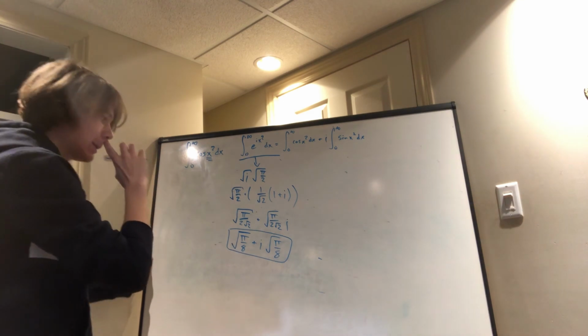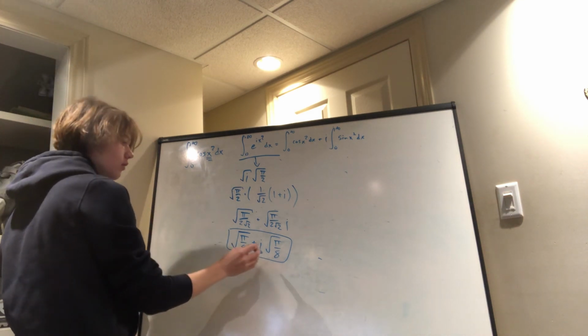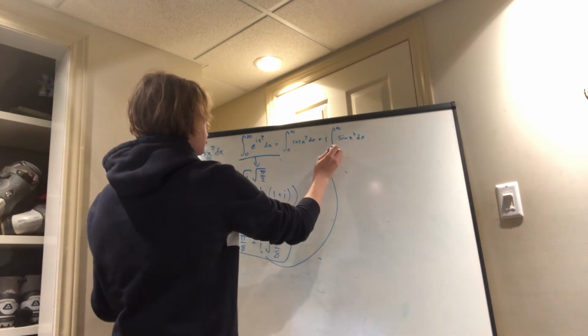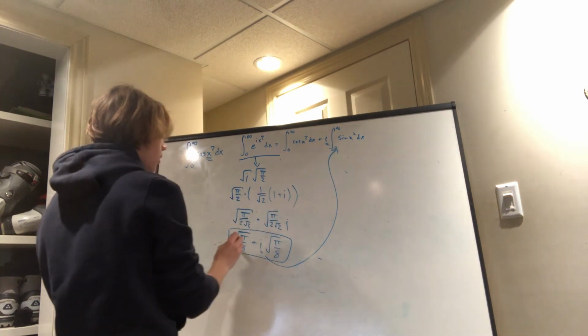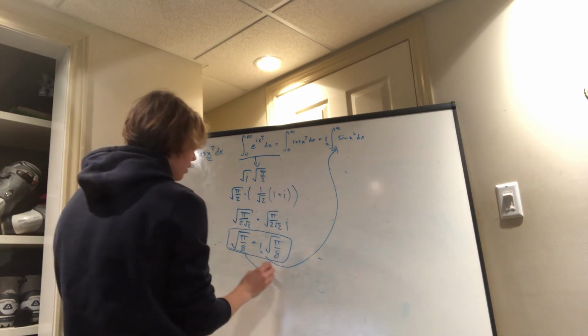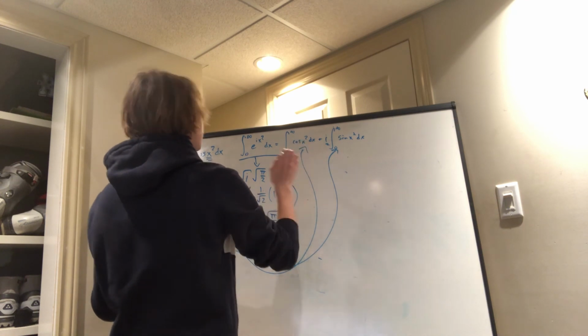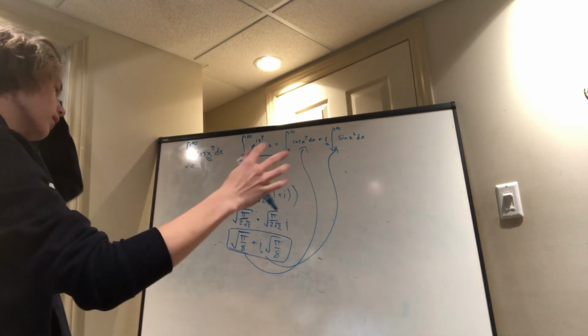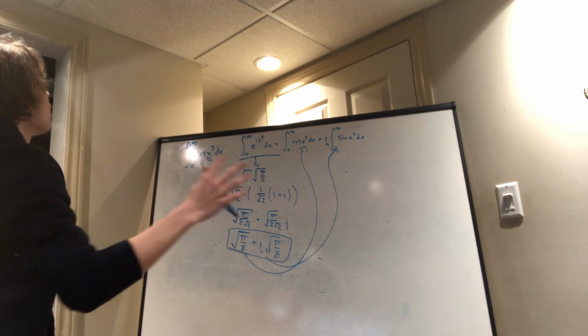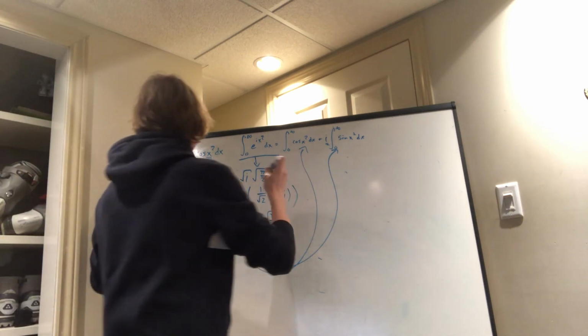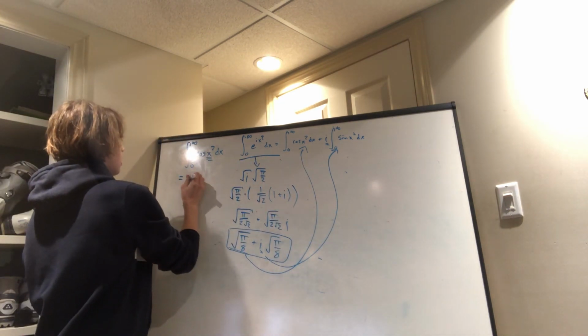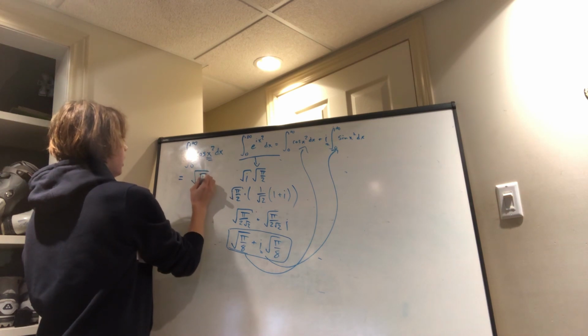But notice that since this has an i, we can group it with the sine squared. And this has no i, this is the real term, this is the answer to the cos x squared dx. So this just equals the square root of pi over 8.